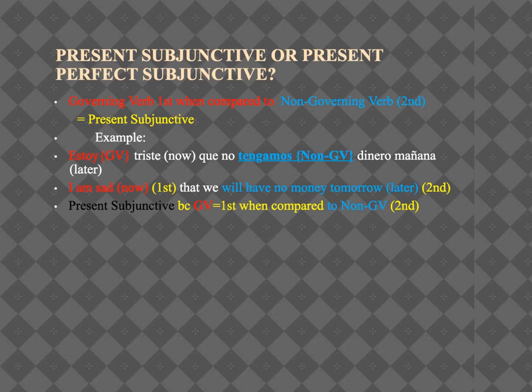So again, governing verb is first, because that's now, but non-governing verb, having money, that's later, tomorrow. So when my governing verb is first compared to the non-governing verb, I use present subjunctive, okay?